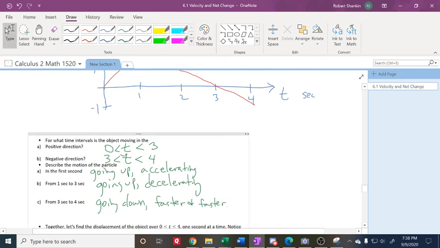Because accelerating or decelerating gets tricky when you're negative. For instance, if you are at a negative velocity and getting to be less of a negative velocity, we call that accelerating.